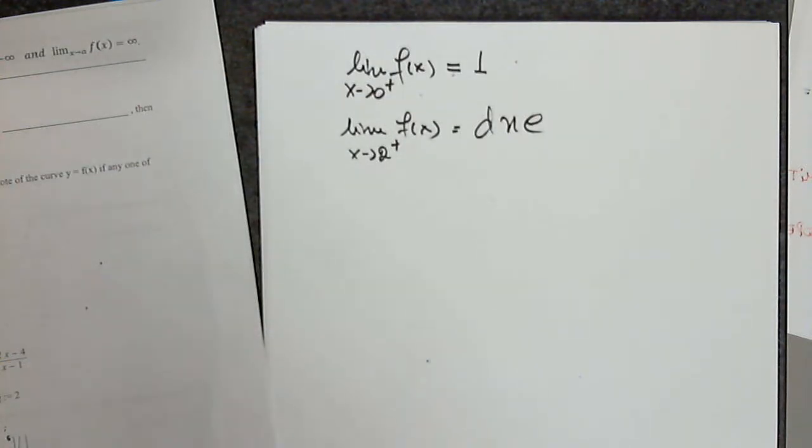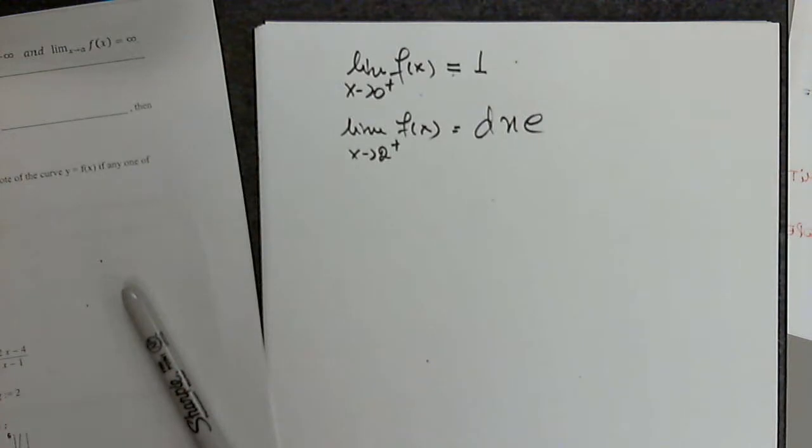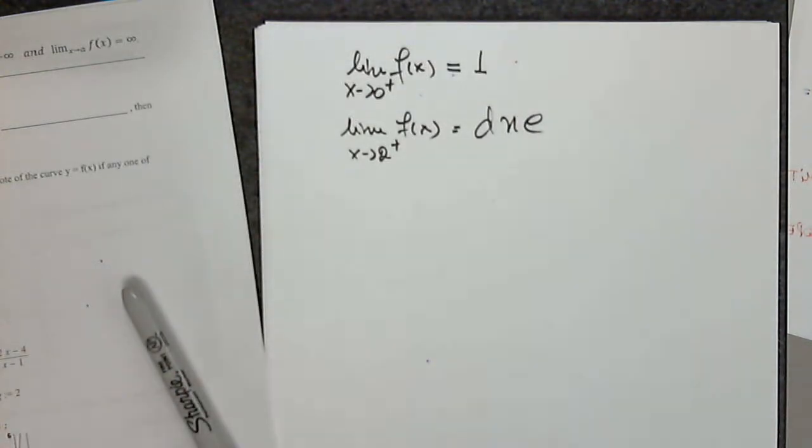So there is no contradiction here. I said the limit of a function exists even if the function is undefined at that point. But I have to show that the function values approach a number. It may not exist at that point, but the function values have to approach a number. But it's empty on the right-hand side of 2. There is nothing there. So the function doesn't approach anything, right? Are you with me?